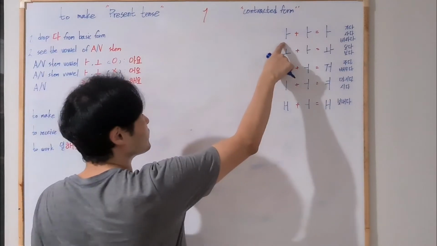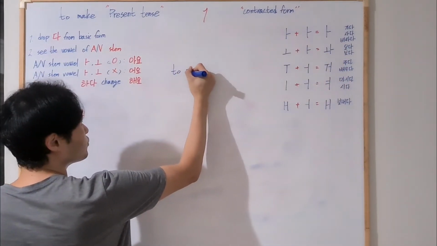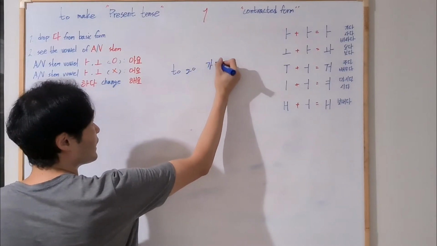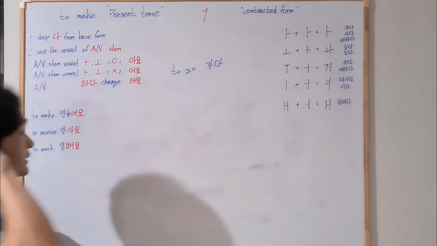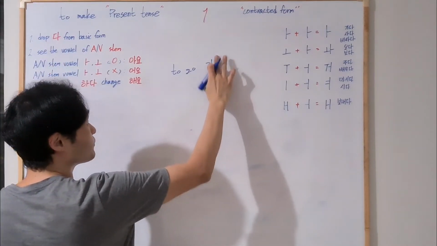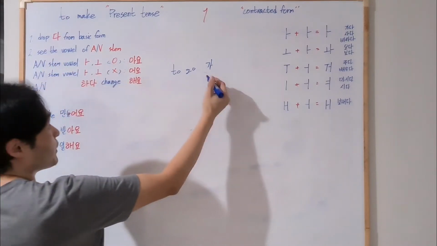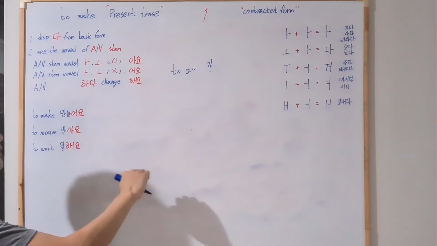For example, first contracted, this one. To go, 가다. The basic form is 가다. Rule number 1: drop the 다 from the basic form. And see the vowel. The vowel is 아, right?